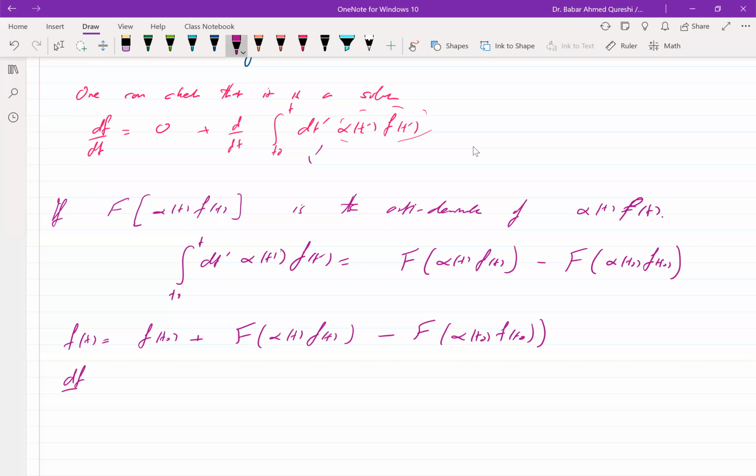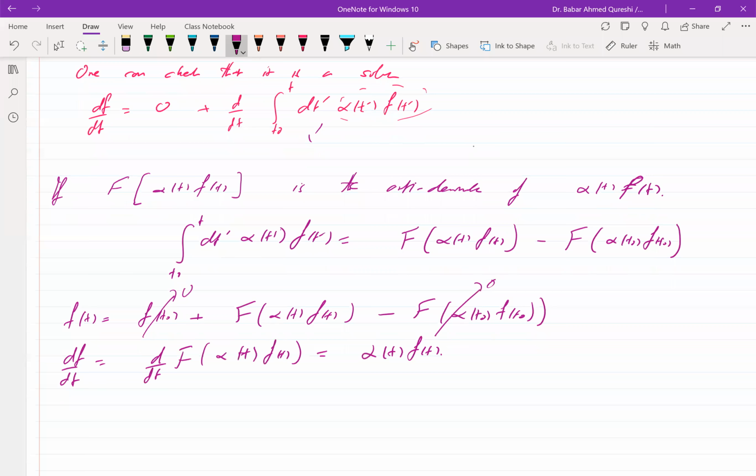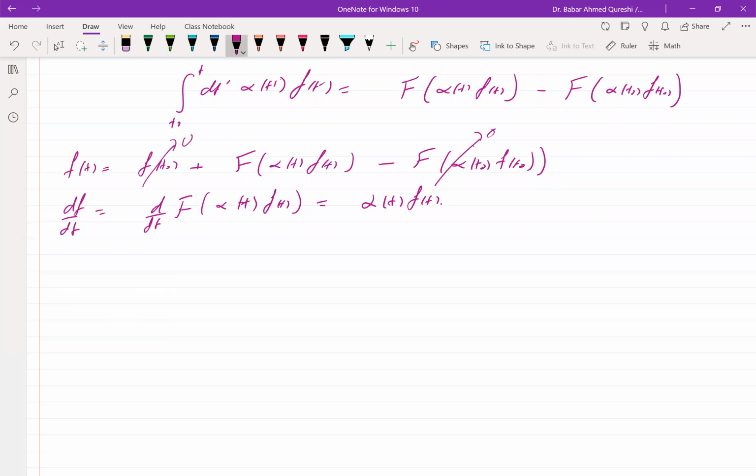Now if I take the derivative with respect to t, the lower limit term is constant, and since this is the antiderivative, I get exactly alpha t f of t. These are just some obvious things. So that means that the above solution was the correct solution.